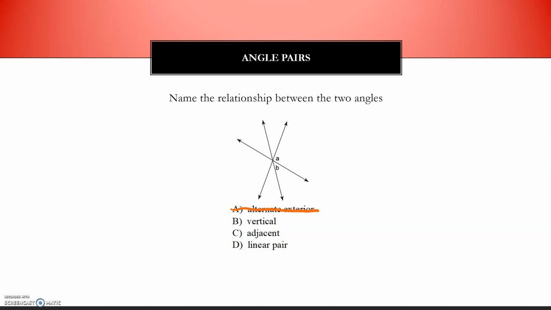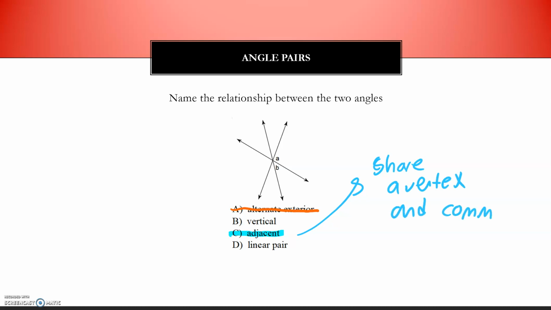These are what is known as adjacent. A pair of adjacent angles share a vertex and a common side. So in what we're looking at here, angle A is here and angle B is here.